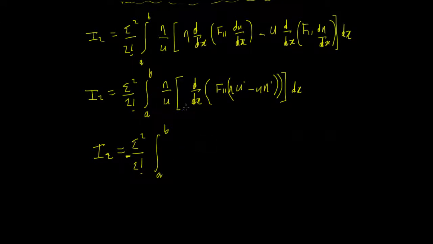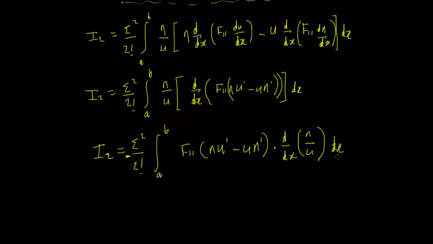We bring what's inside the differential outside, so we'll have f11 times eta u derivative minus u eta derivative. And what was outside the differential now comes inside the differential, so that would be d by dx of eta upon u, all by dx.